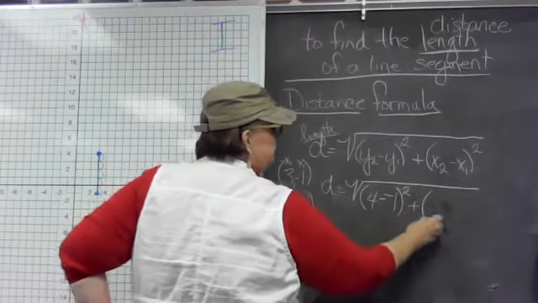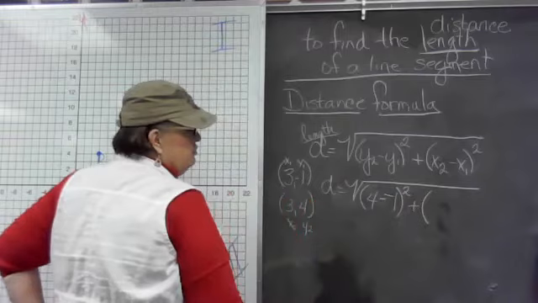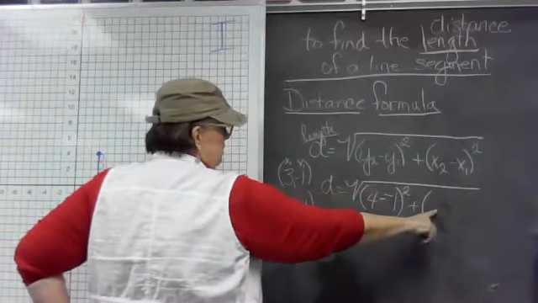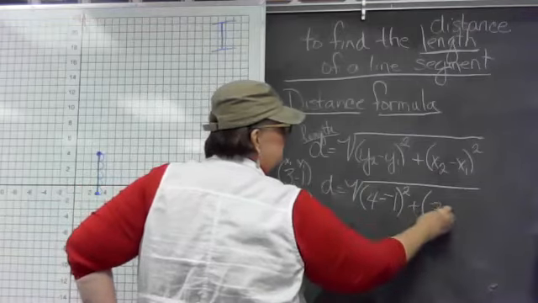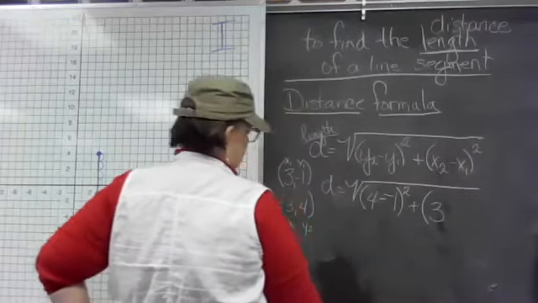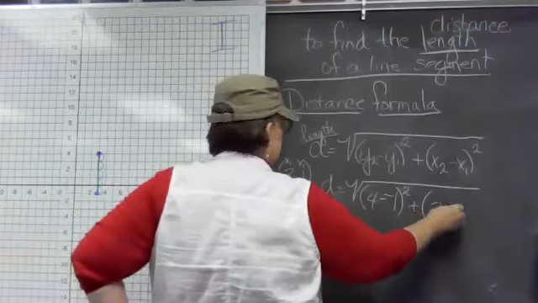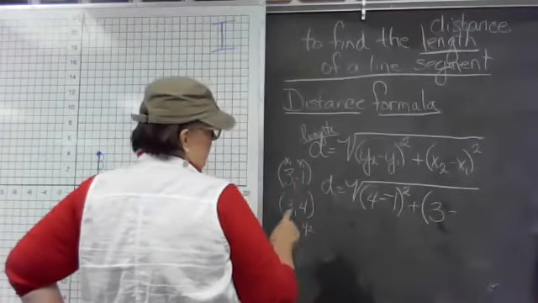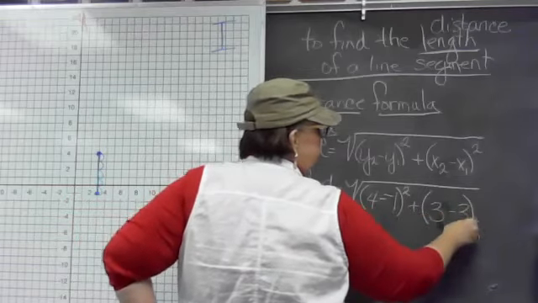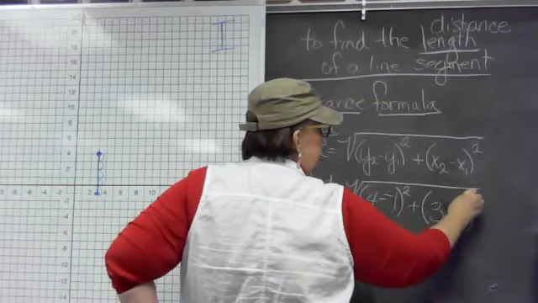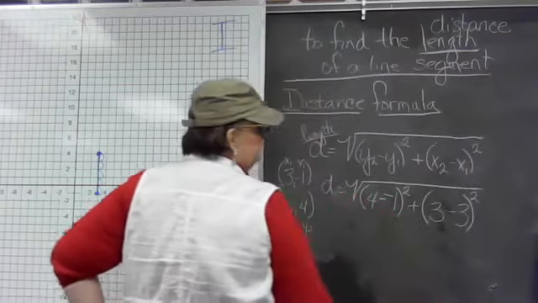Plus, let's go find X2 and put it here. So X2 is 3, minus X1 is 3. And I finish this out by saying that answer will be squared.